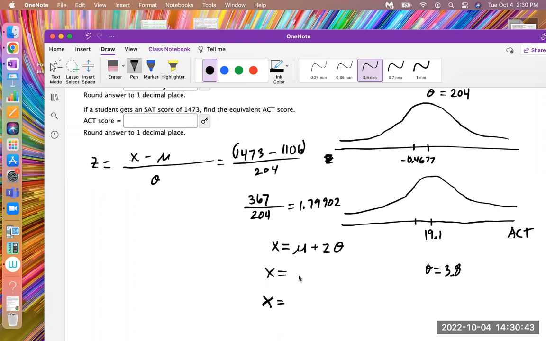So I'm going to follow this equation. The mean is 19.1. The z-score of the value that we're trying to find is 1.79902. And then the standard deviation in this new distribution, the ACT scores, is 3.8. And then let's do this on a calculator.